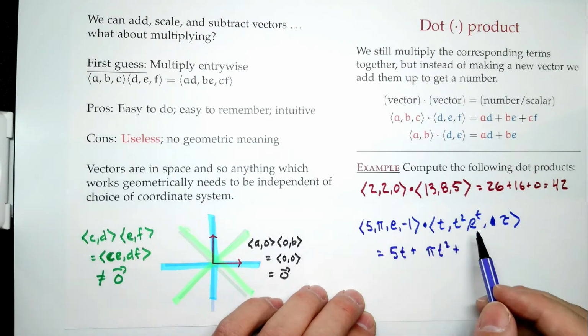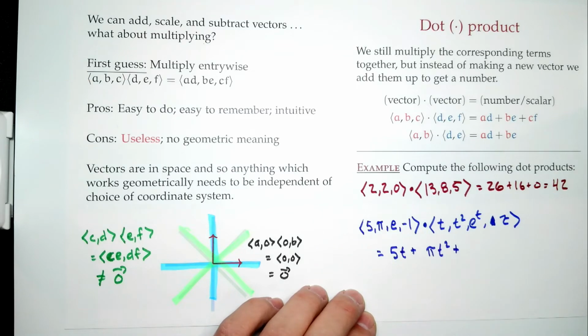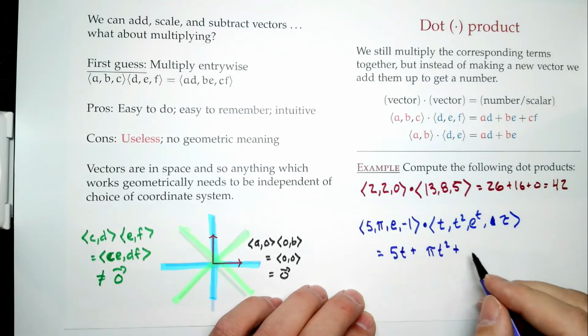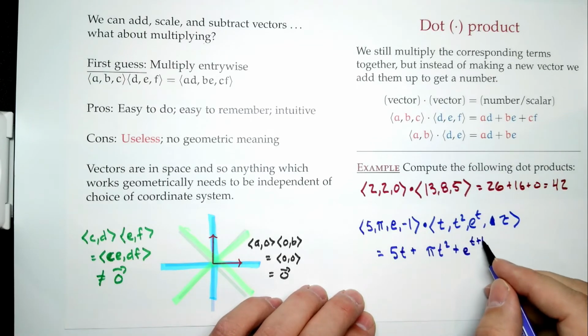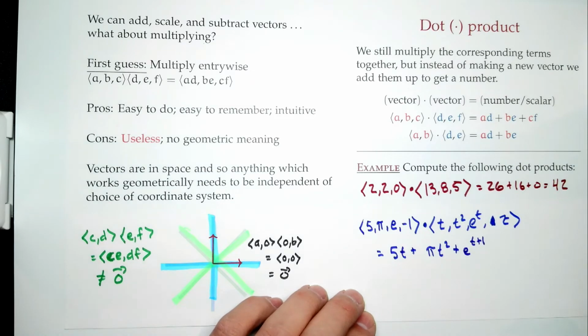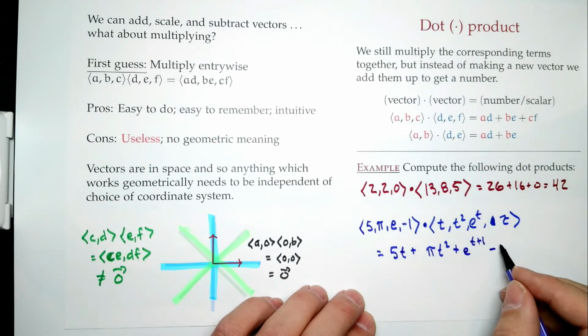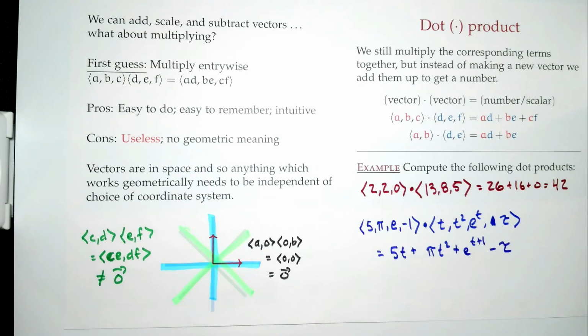Okay, so it's e times e to the t, and you can combine them because they both have e. So it's like e to the t plus 1. Yes, that's true. And then minus tau. Okay, all right. So we can do these things.